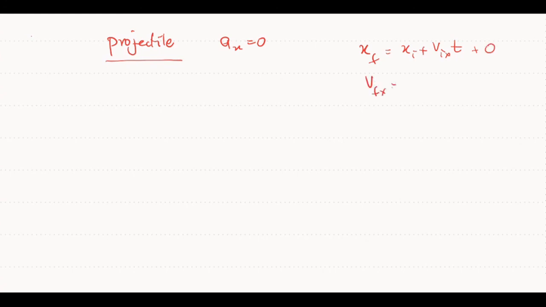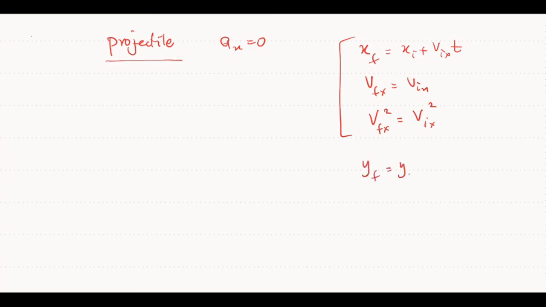V final x is going to be v initial x plus ax t, which is 0, so we can remove that, and v final x squared equals v initial x squared plus 2a delta x. Again, this is ax, which we can also remove. So these become the x equations, and the y equations remain the same as before.